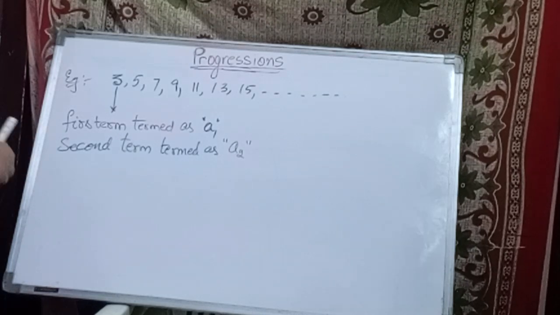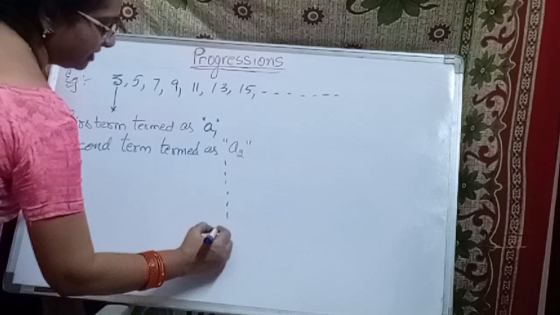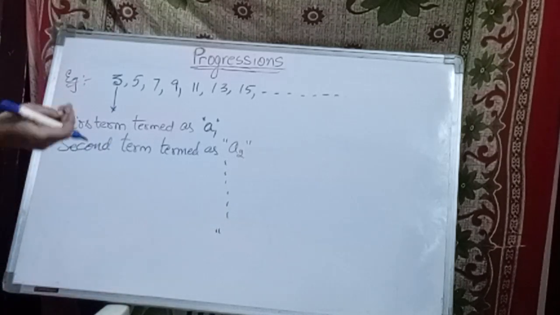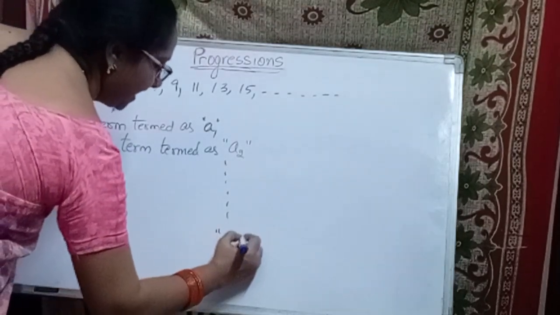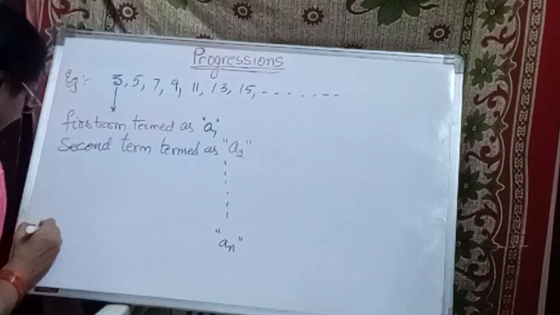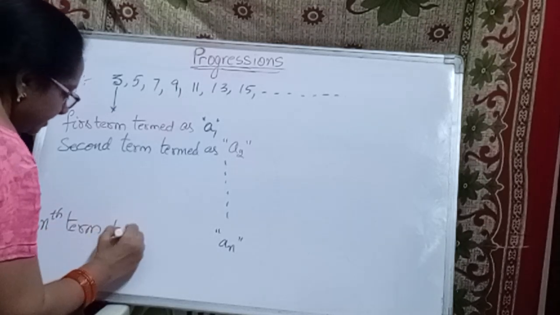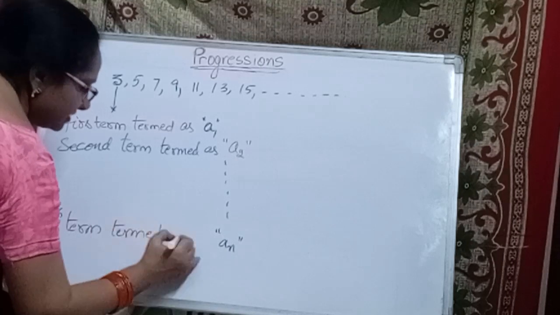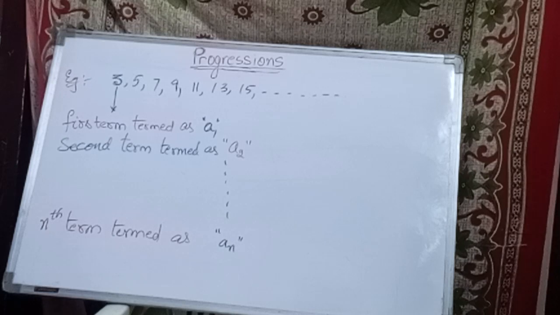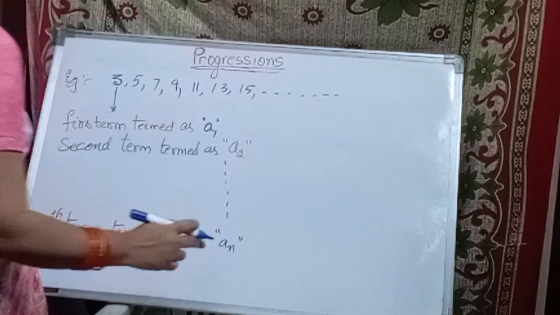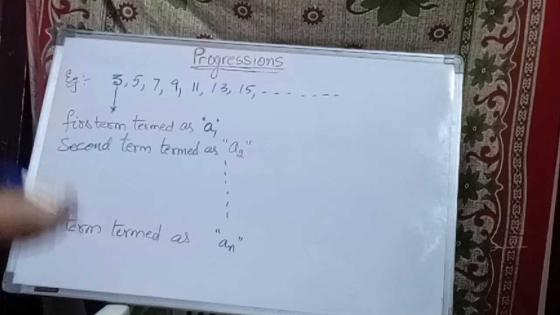Okay, and so on. We can't say exactly what the last one is, so we can say the Nth term is termed as AN. Okay, these are the names given for terms in the arithmetic progression.